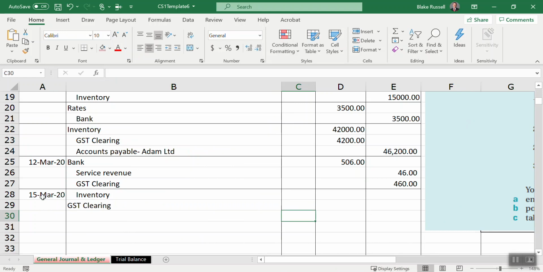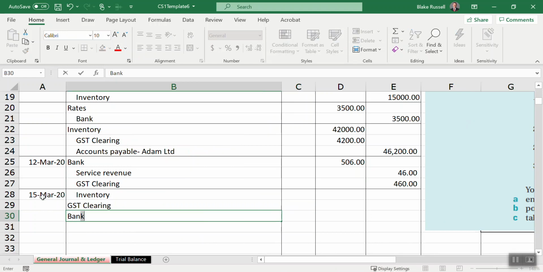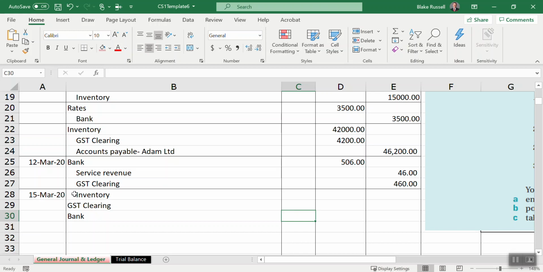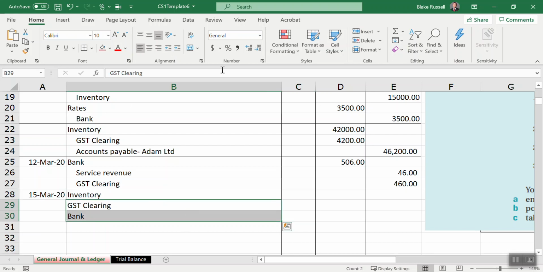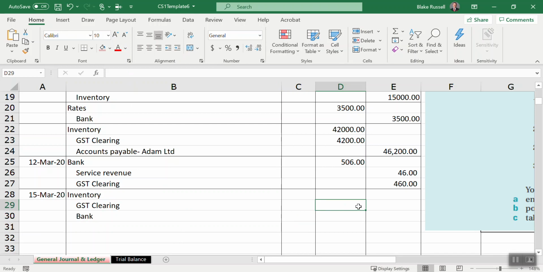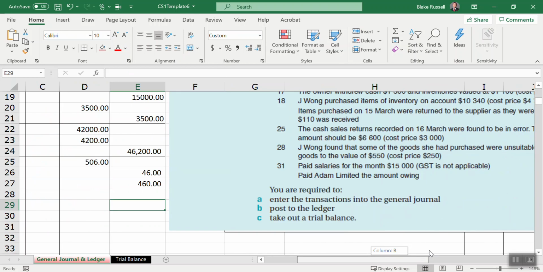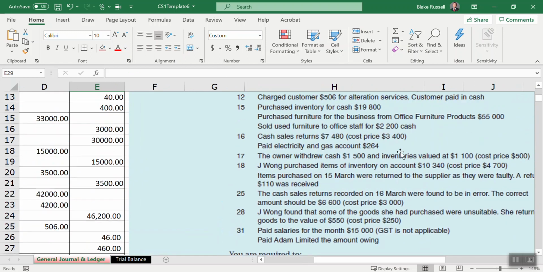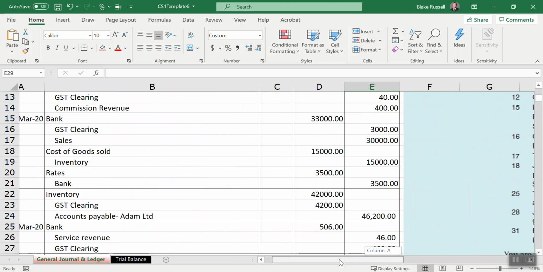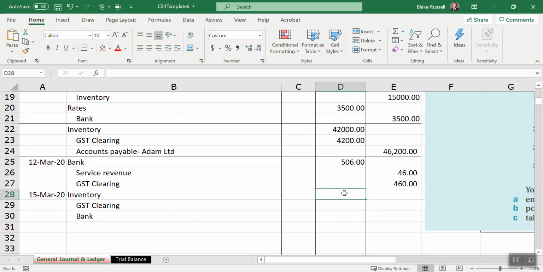GST, I know, will be involved in this, and our bank account because it was cash. How much was it? Ooh. 19,800. Purchased inventory cash for 19,800.